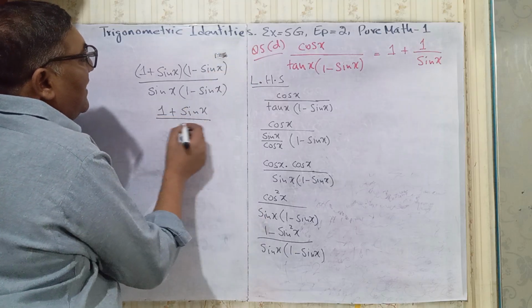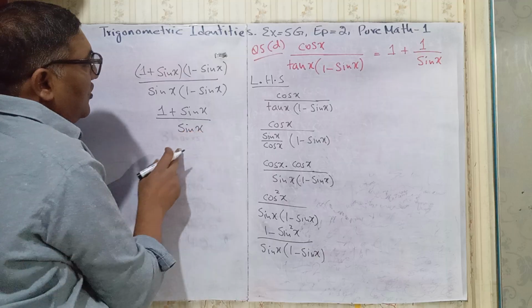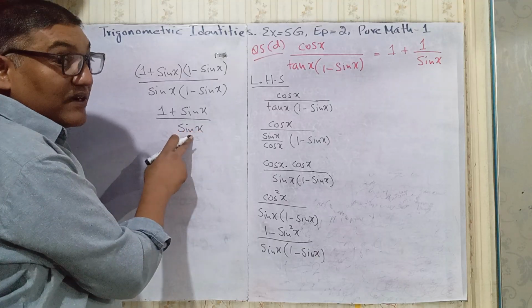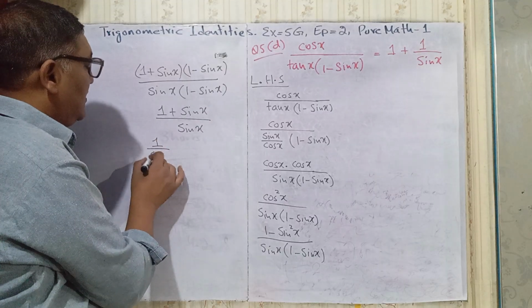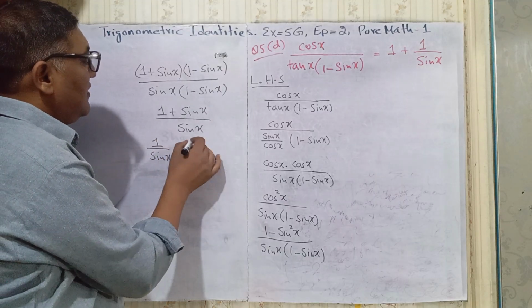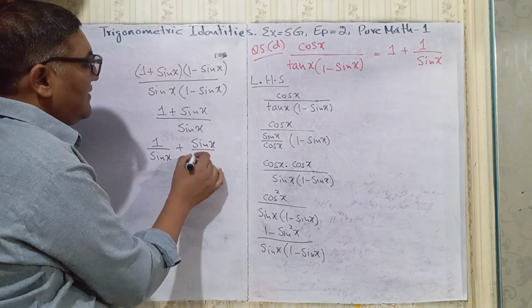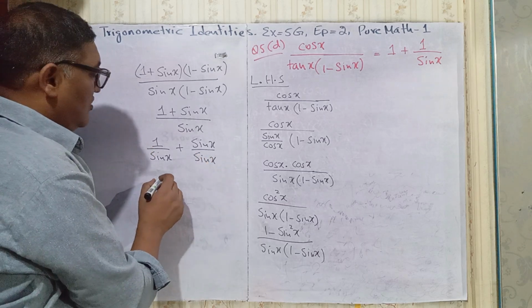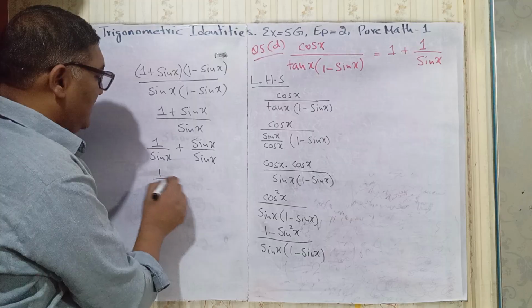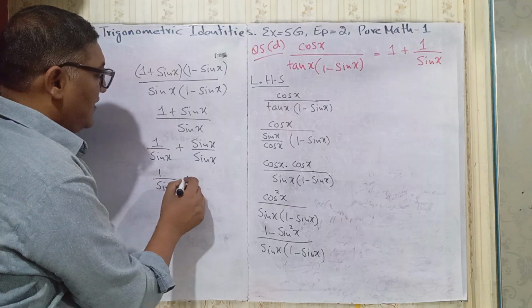Then we separate the denominator under each term in the numerator: sin x divided by sin x becomes 1, so 1 divided by sin x plus 1.